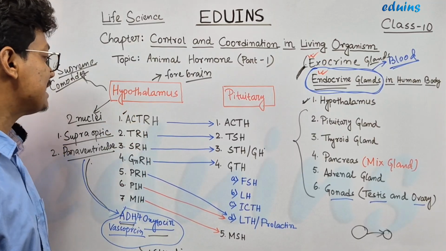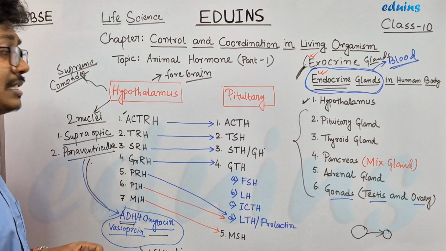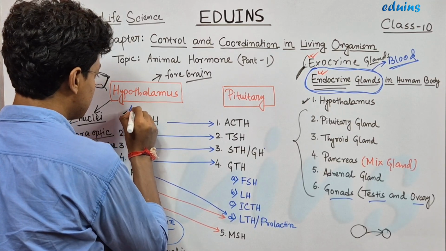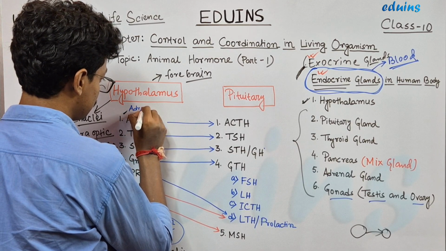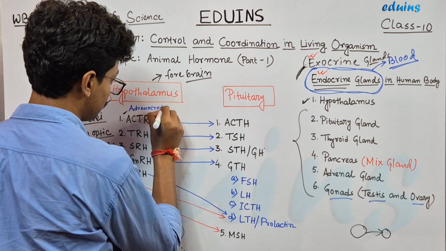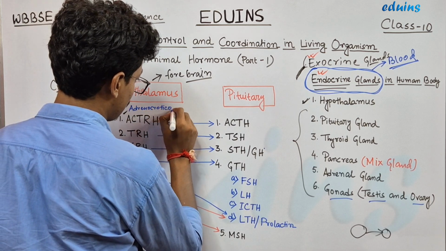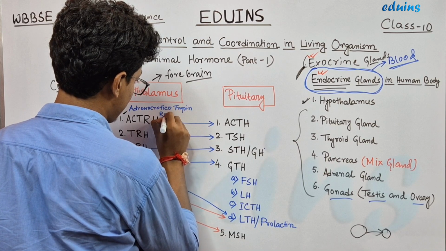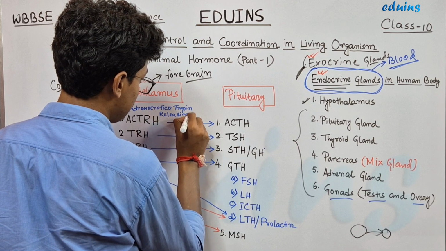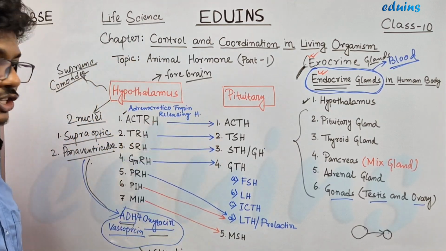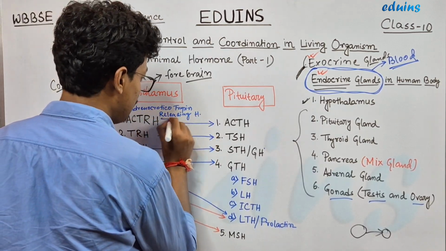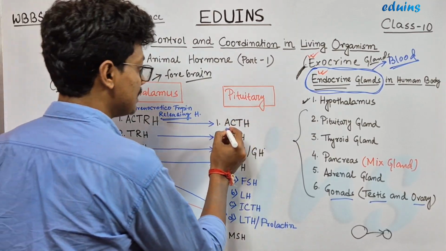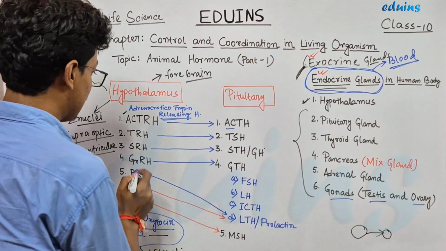Number 1 is ACTRH, which is the adrenocorticotropic releasing hormone, which regulates the secretion of the pituitary hormone ACTH, which I will discuss later.